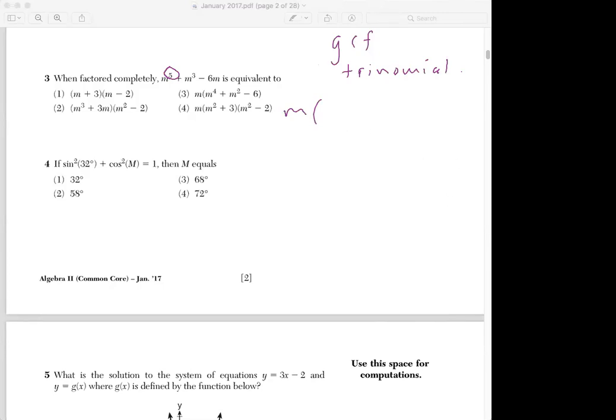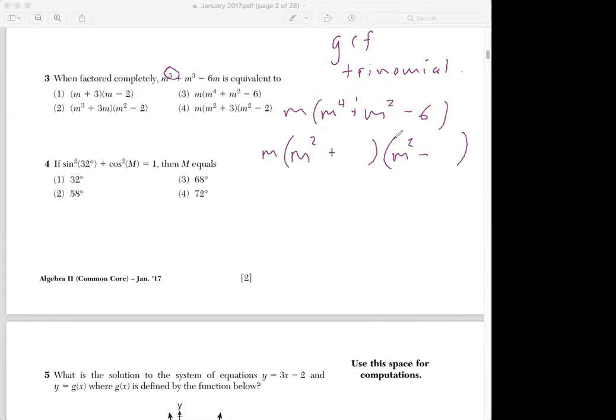Okay, so we've got an m here, which I factored out. Now we are left with m to the 4th plus m squared minus 6. And it looks like we can probably trinomial factor this now. So we leave the m out here, and you write an m squared, so you just half whatever's there, plus m squared, plus times the plus is a minus.